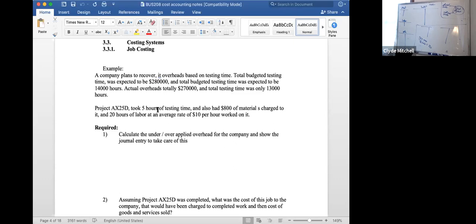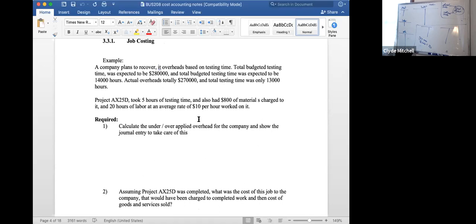The other bits of information we need to take note of is the specific costs, which is $800 in materials for this job. So that's $800 in materials, and then we have 20 hours of labor at $10 an hour, and then obviously our overhead, we have in this case 5 hours of testing time.